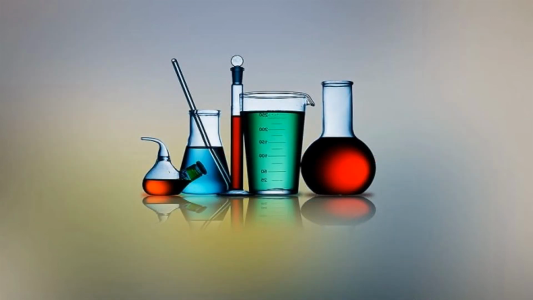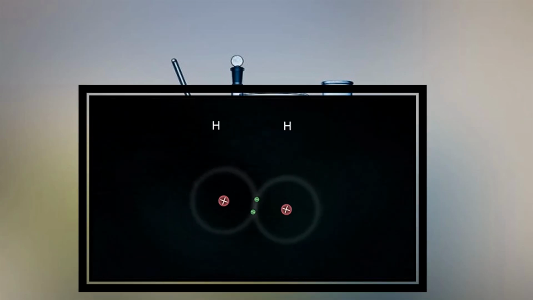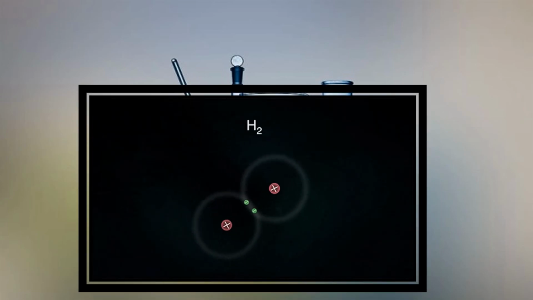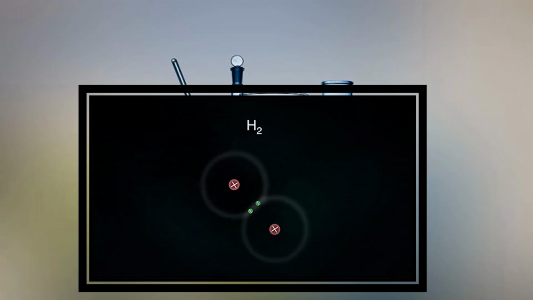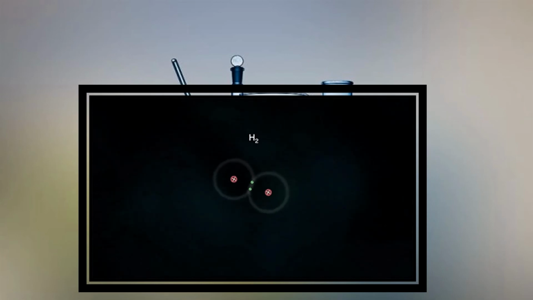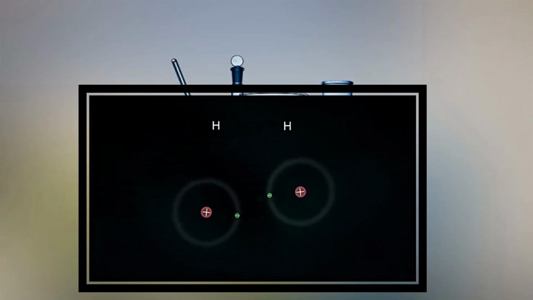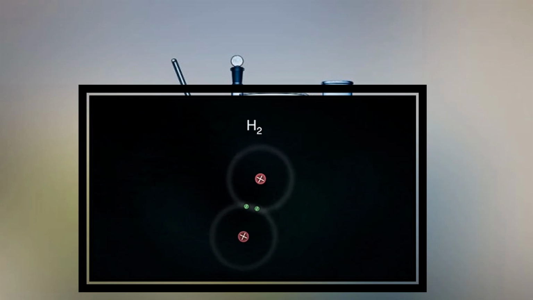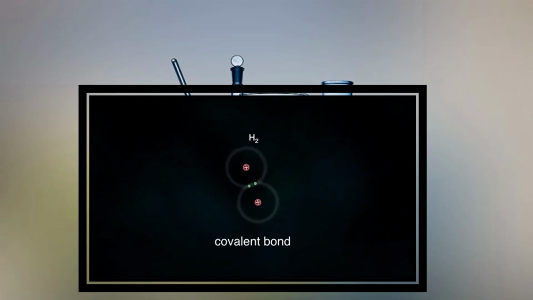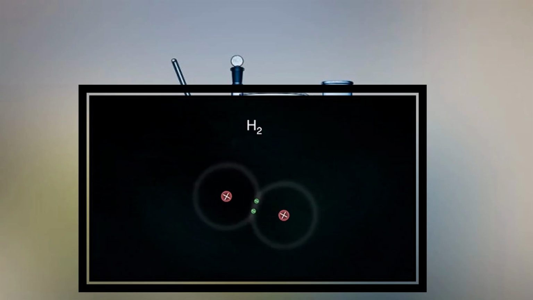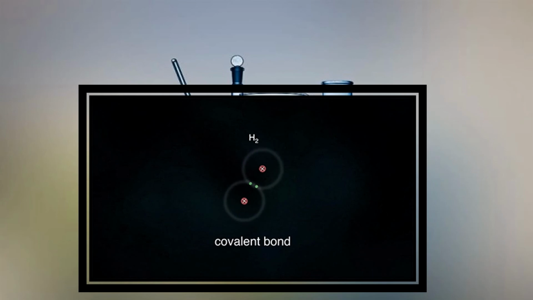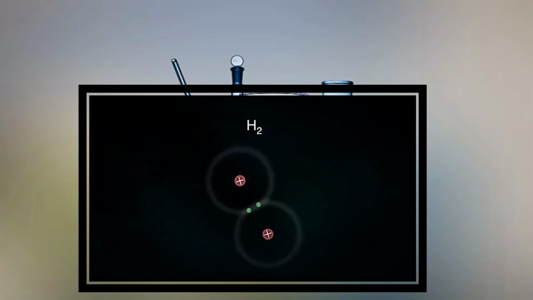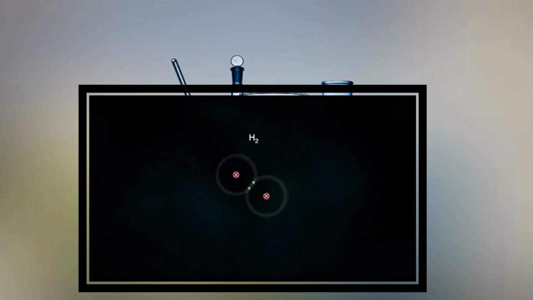There is another type of bond which is formed. You can see that over here there are two hydrogen atoms, and we know that a hydrogen atom has valency one. So it has one electron in its outermost orbit and it needs another electron so that it can get the duplet state. So two atoms of hydrogen are identical and have similar tendency, and therefore they share their electrons with each other.